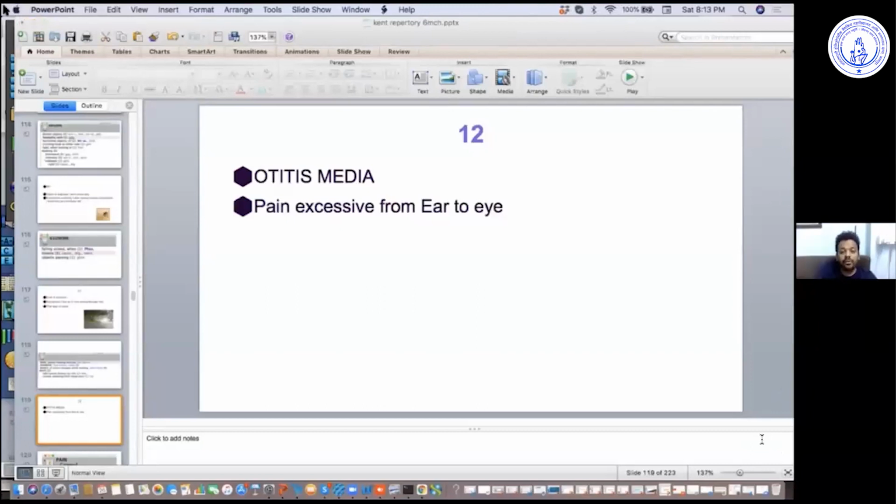I want all of you to participate. Yes, it's a very easy rubric.